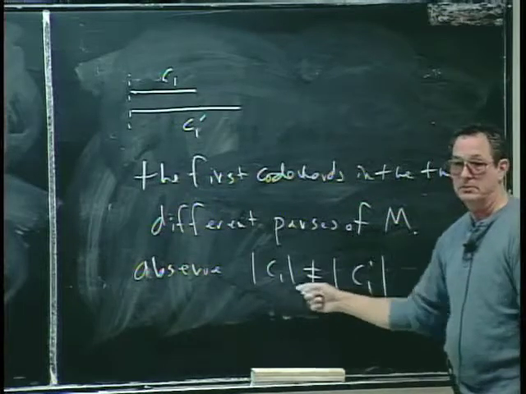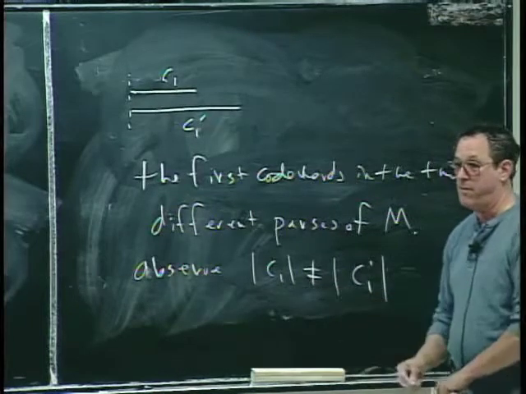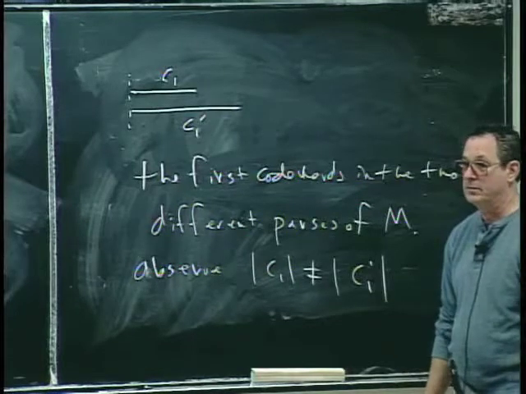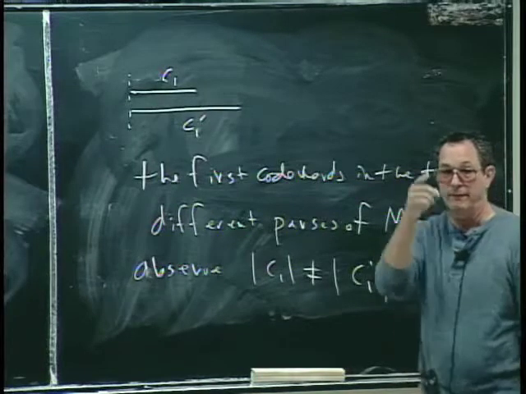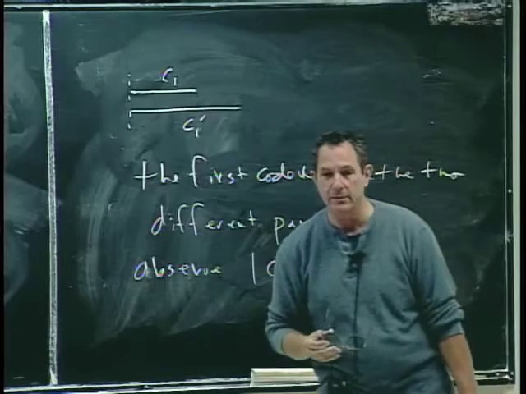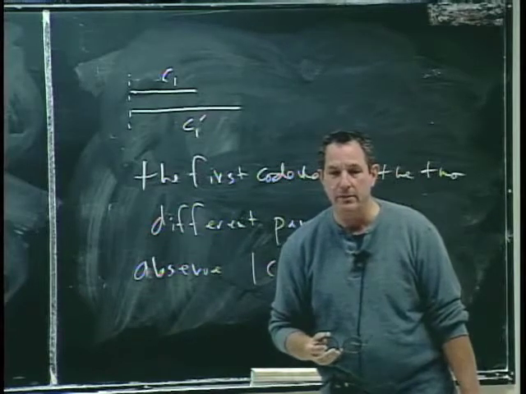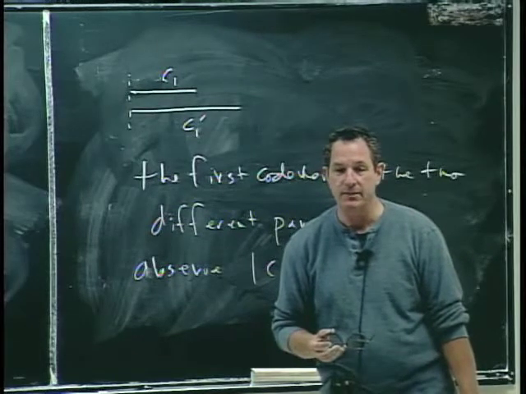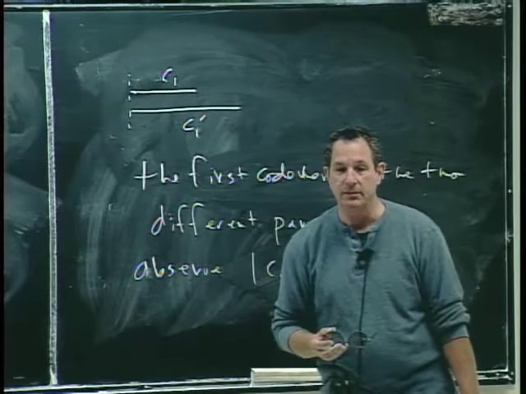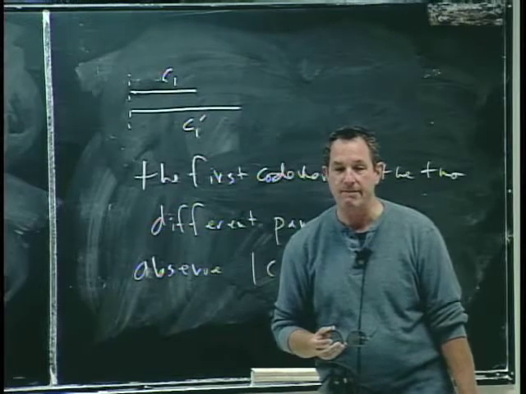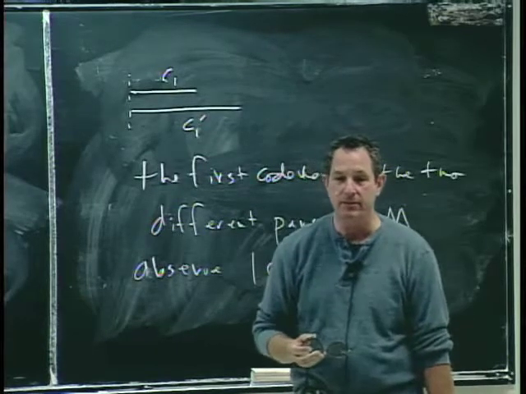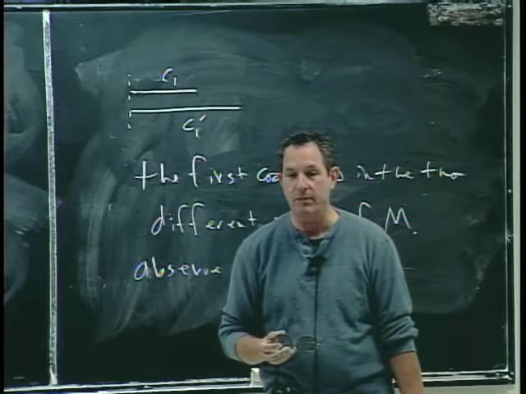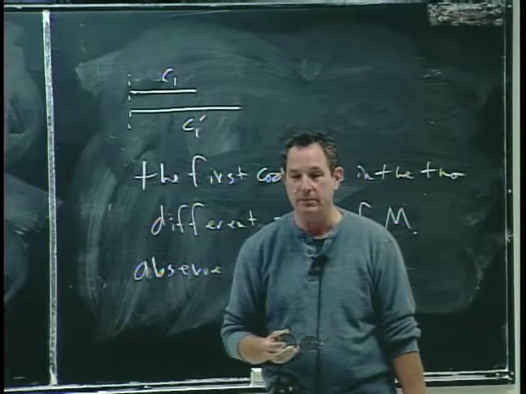Why is this? If they were the same length, they'd have to be the same word, and then you'd have a shorter word that has two different parses.